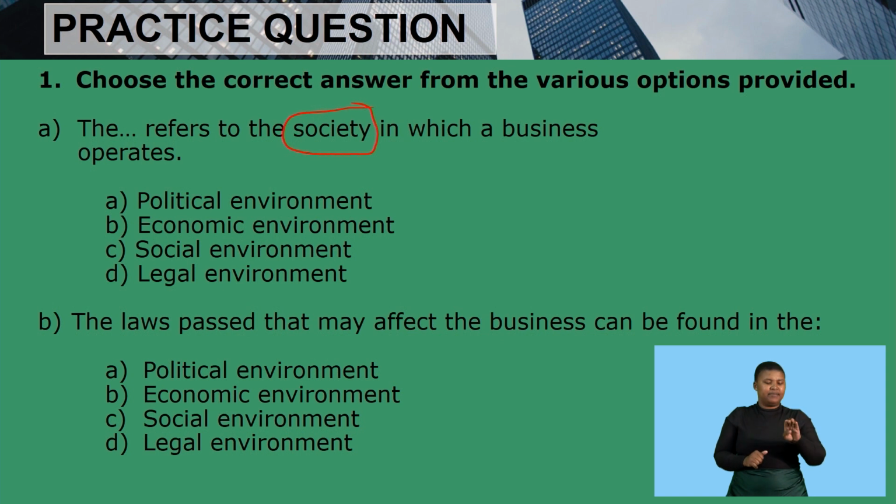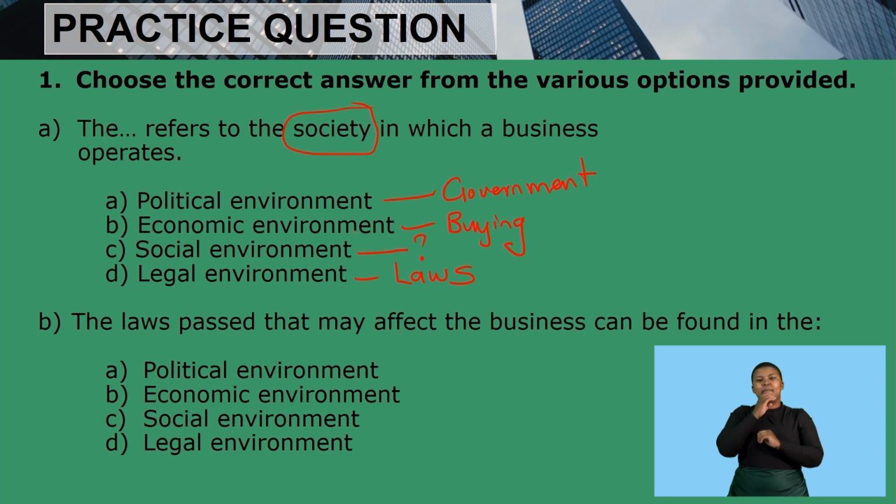Remember, political environment refers to the government. So it can't be that one because they specifically ask the society. Economic environment is the buying power of the consumers. Social environment might be an option, and then legal environment is the laws.